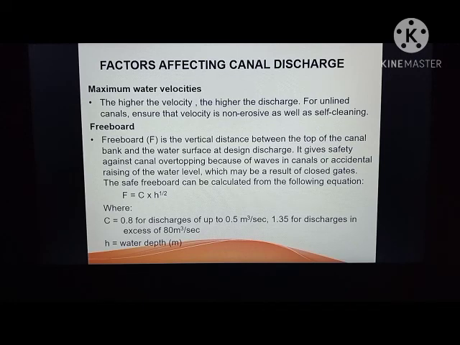The safe freeboard can be calculated from the following equation. The equation is F is equal to C multiplied by H raised to 1/2, where C is equal to 0.8 for discharge of up to 0.5 cubic meter per second or 1.35 for discharges in excess of 80 cubic meter per second, and H is the water depth.